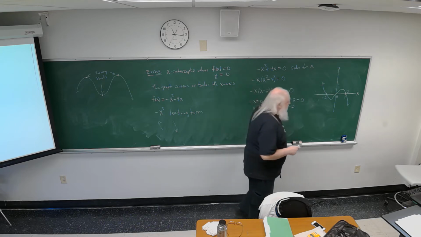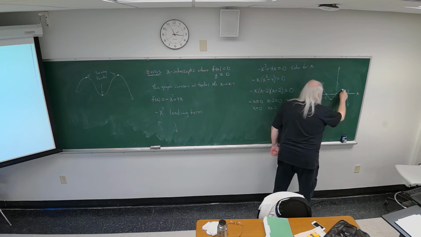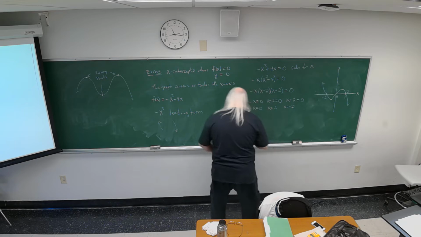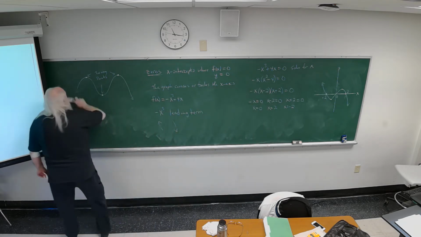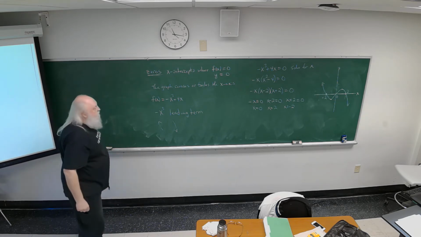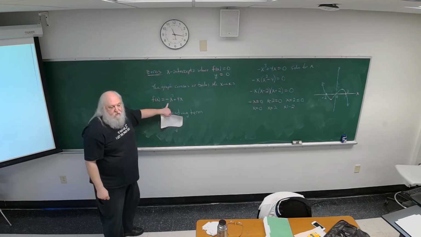So we have a turning point right here, and we have a turning point right here. And so that's a rough approximation to the graph of this polynomial function. Any questions on that?